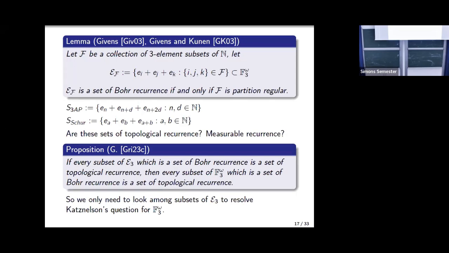So if you want to resolve Katznelson's problem in F3 omega, you need only look at subsets of E3. I have no idea. I've not been able to resolve this for any non-trivial example. E3 itself is actually a set of measurable recurrence, but the proof of that isn't terribly interesting.